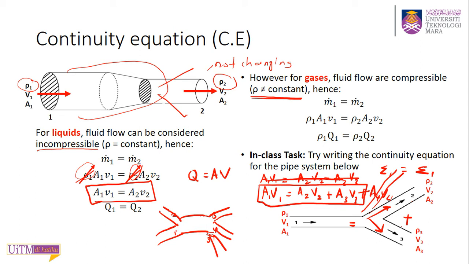How? Anyone? Try. This is the inlet, this is the outlet. In terms of A1 V1, A2 V2, A3 V3, A4 V4 and A5 V5, how can you write it?